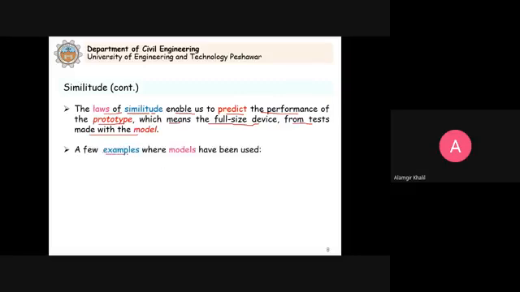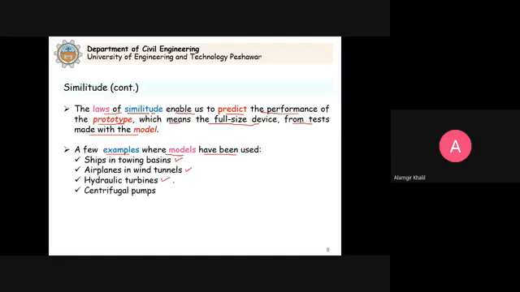A few examples where models have been used include ships in towing basins, which you saw in the picture also, and I will show you the video. Airplanes in wind tunnels, hydraulic turbines. We study about the hydraulic turbines in the fluid mechanics 2 course.